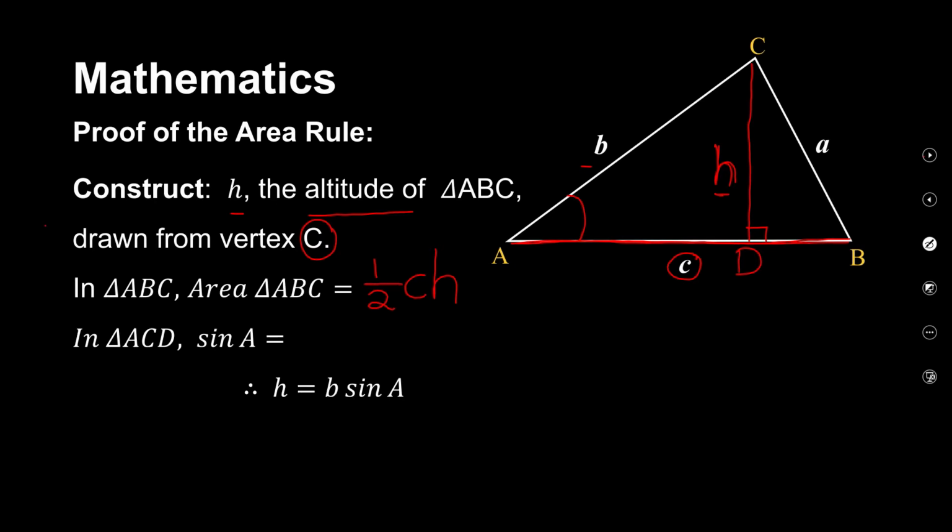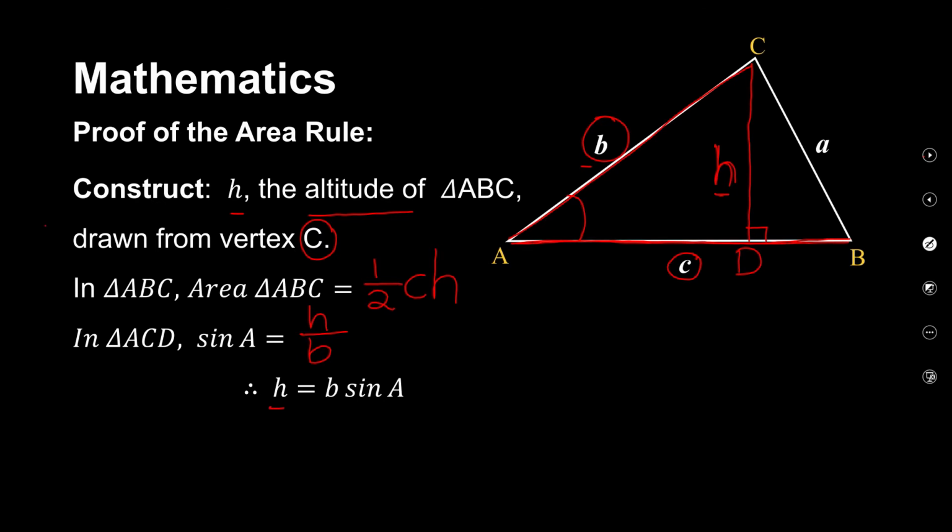Sine of A is opposite, and the opposite side to angle A was H. And the hypotenuse in this case was the hypotenuse for this triangle, so it was b. Rearranging this, we multiply both sides by b, so we end up with H equal to b times sine A. This is standard grade 10 trigonometry.